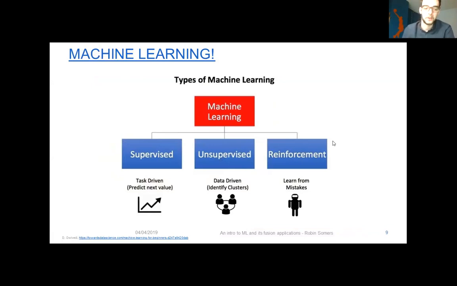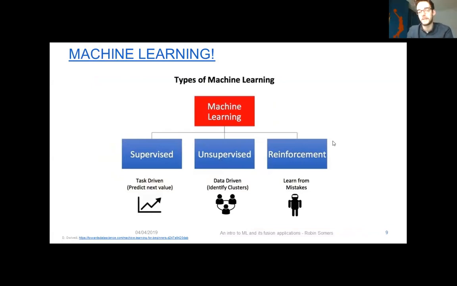Supervised means task-driven. So we want to know what is the next value based on previous values. Unsupervised is data-driven. This means we get the data, and then we want the data to speak, as we say. We want the data to give us information. We will extract information purely from the data.